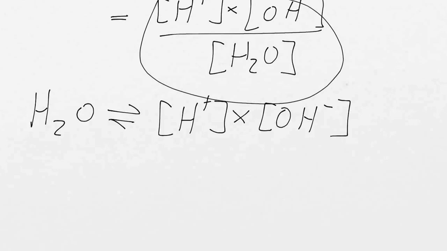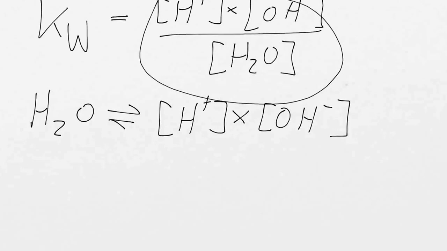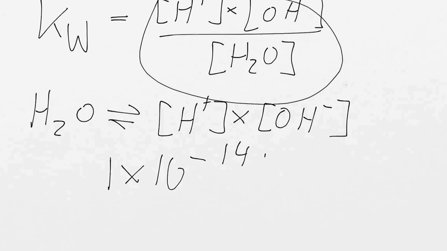Remember, that was on Thursday. This guy here is called KW, the dissociation constant of pure water. Remember what the value was? 1 times 10 to the minus 14 molar, exactly.